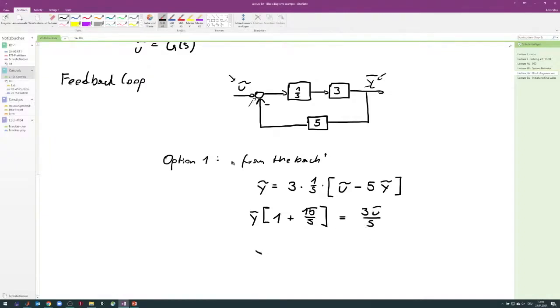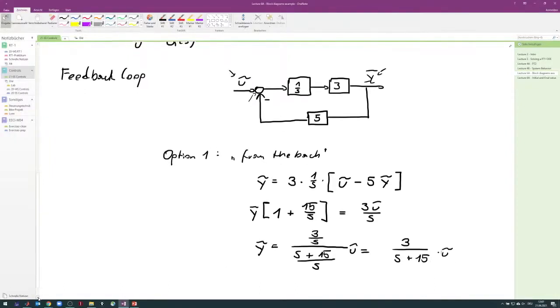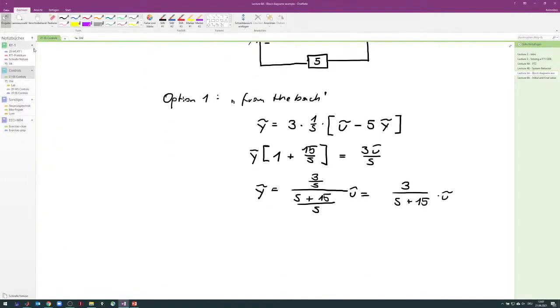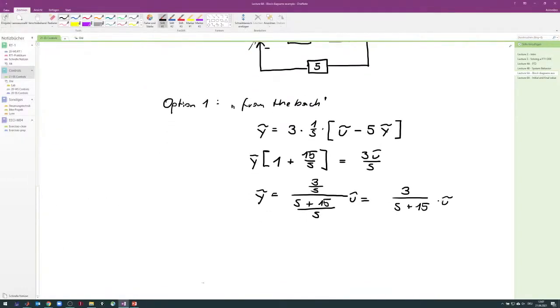Now we divide through the bracket, and what we get is 3 over S over, and bringing that on the same denominator, S plus 15 over S. This is equal to 3 over S plus 15 times U tilde. So we resolved this feedback loop, really coming from the back and doing it with basic mathematical operations.